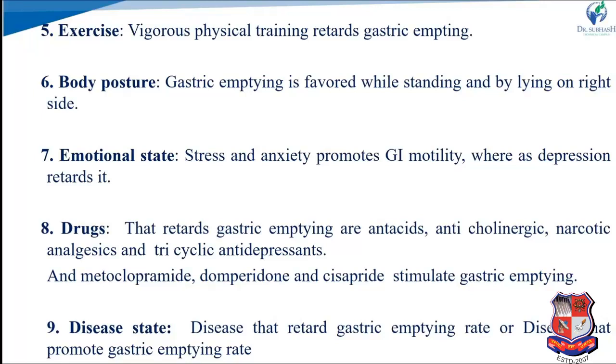Emotional state: stress and anxiety promote GI motility, whereas depression retards it. Drugs: some drugs retard gastric emptying and some stimulate it. Examples that retard it are antacids, some anticholinergics, narcotic analgesics, and tricyclic antidepressants. When taking a drug together with these, gastric emptying is retarded, while domperidone and metoclopramide stimulate gastric emptying.